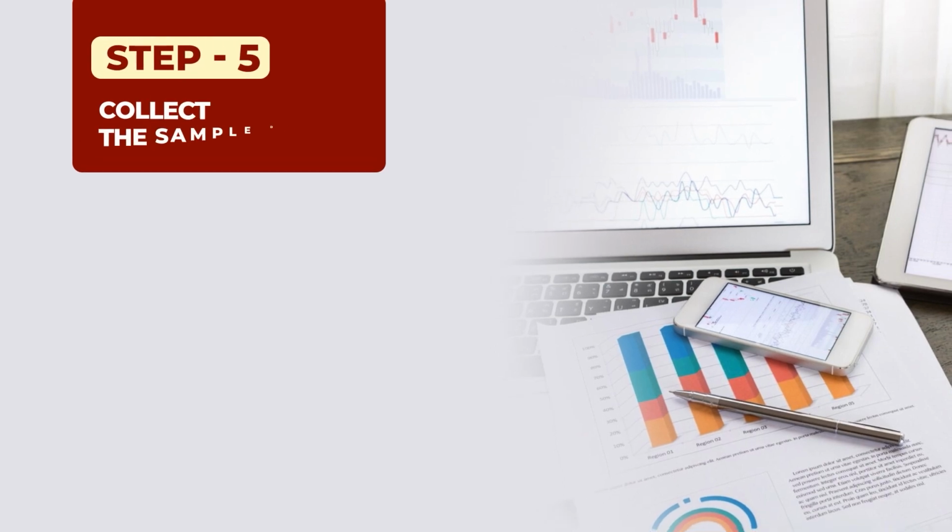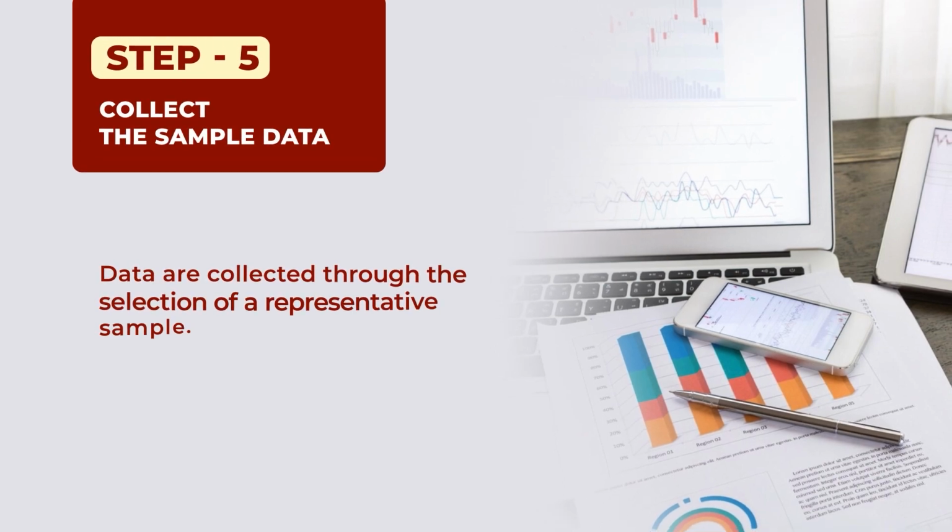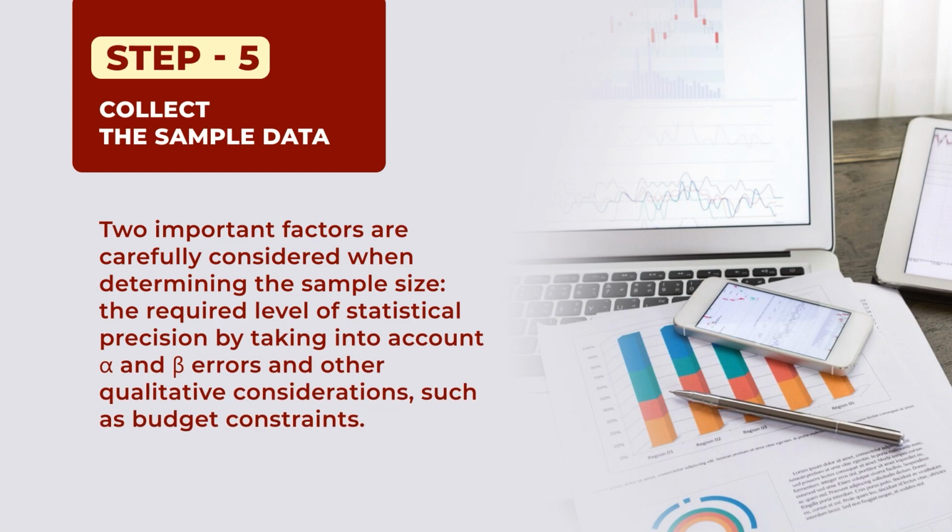Now come to step 5, that is, collect the sample data. During this stage, data are collected through the selection of a representative sample. Two important factors are carefully considered when determining the sample size: the required level of statistical precision, by taking into account alpha and beta errors, and other qualitative considerations such as budget constraints and time constraints.